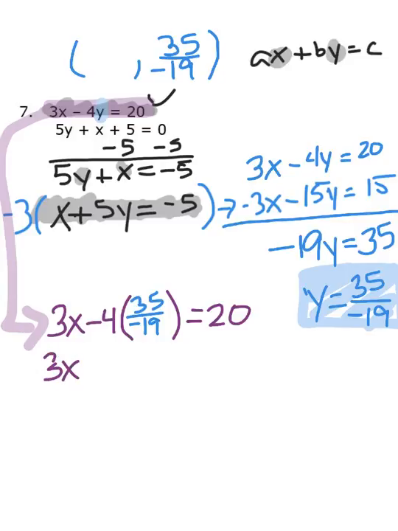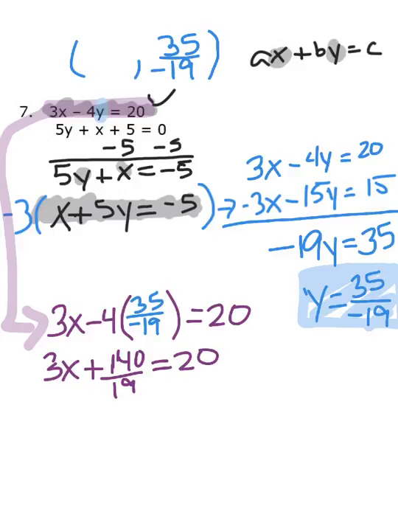So 3x, negative 4 times negative 35 over 19 becomes a positive. We type it in and we get positive 140 over 19. If you wanted to change this into a decimal, by all means go for it. Still equals 20.